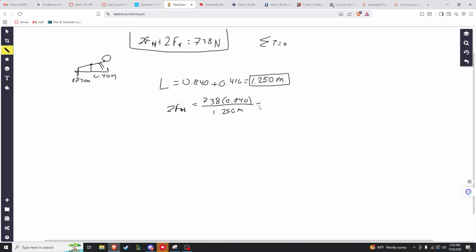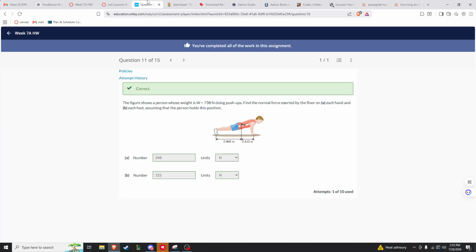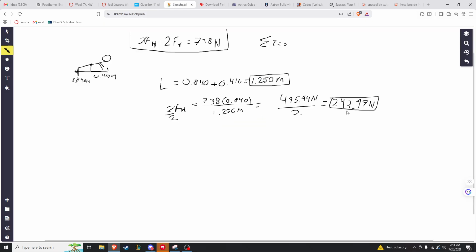This equals 495.94 newtons, but since there is a 2 on the force of the hands, we need to divide by 2 because each hand carries half of this force. So it's 247.97 newtons per hand. Rounded up, that's 248 newtons, and this is the force on each hand.